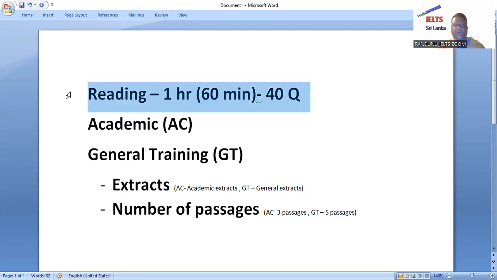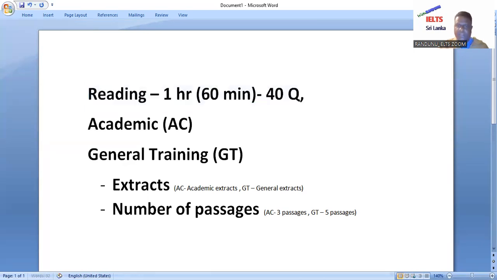These are common things. 1 hour, 60 minutes, 40 questions. Another common aspect is 3 parts, 3 sections. Both the papers have 3 sections.